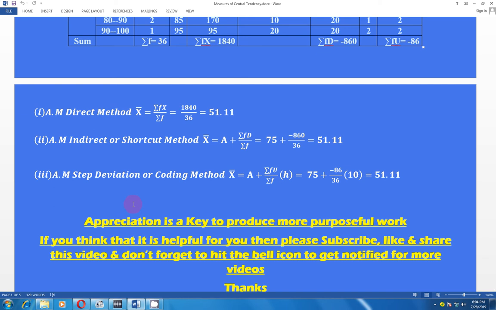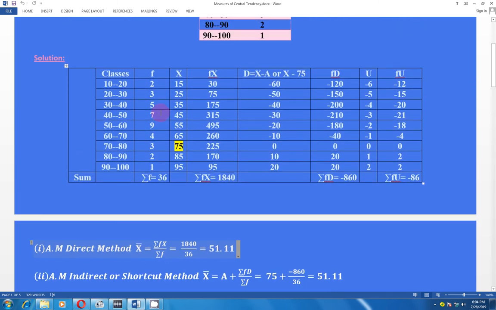For example, in direct method, arithmetic mean is equal to sum of fx divided by sum of f, whereas in indirect or shortcut method, arithmetic mean is equal to a plus sum of fd divided by sum of f, and in step deviation or coding method, arithmetic mean is equal to a plus sum of fu divided by sum of f multiplied by h. So first of all, we will calculate arithmetic mean through direct method, in which it is equal to sum of fx divided by sum of f.